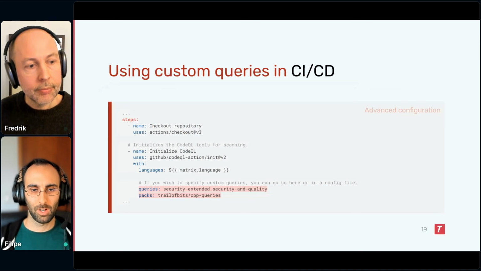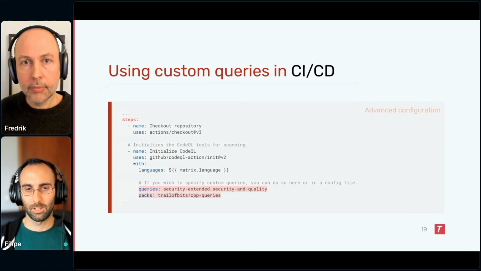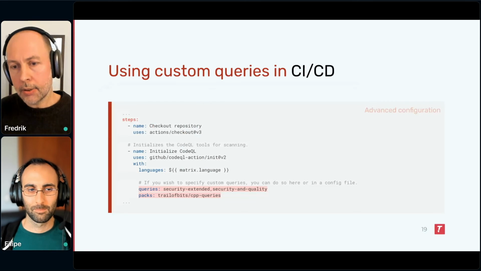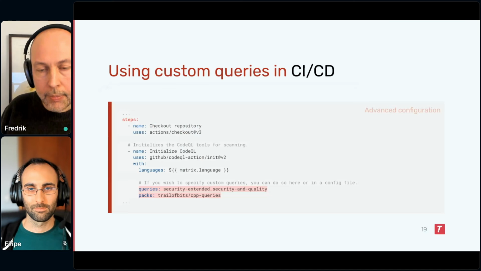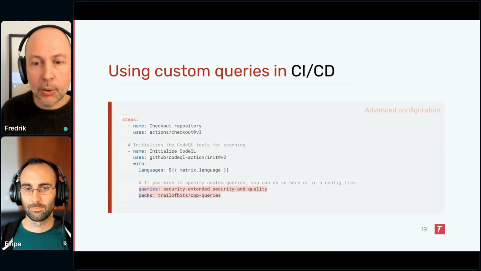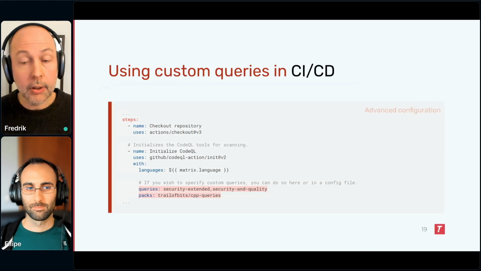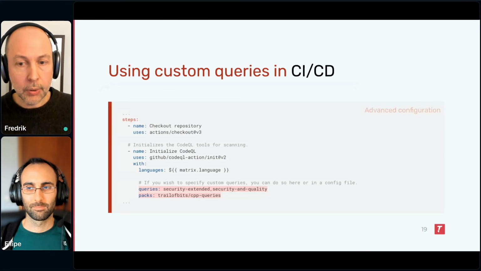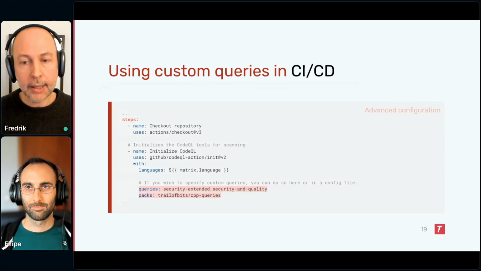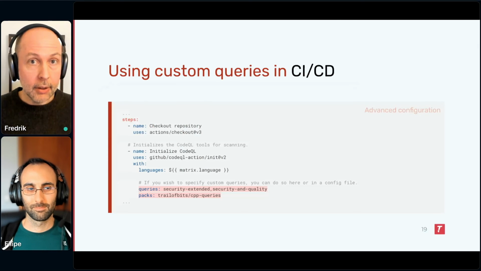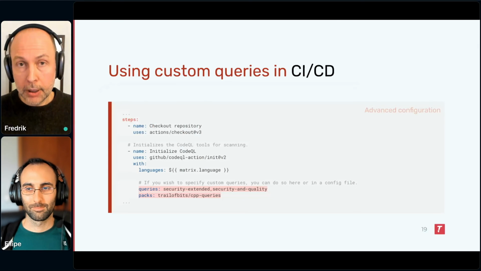Fredrik, could you explain what the difference is between queries and packs? It seems a bit the same. Yeah, that's a good question. In this YAML file, you can specify queries and you can specify packs. Queries are what's known as query suites in CodeQL, and packs are query packs. A query pack is a set of queries that you can publish and download using the CodeQL CLI.